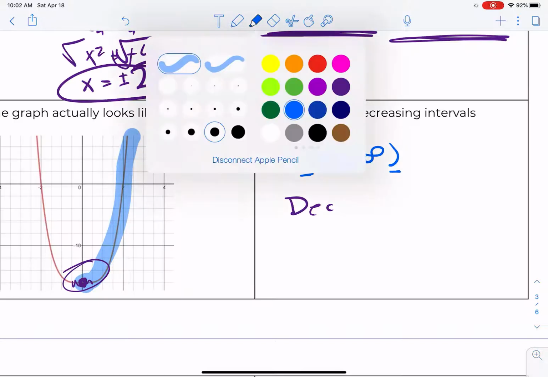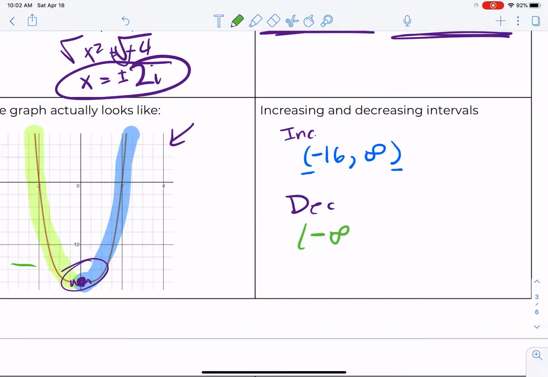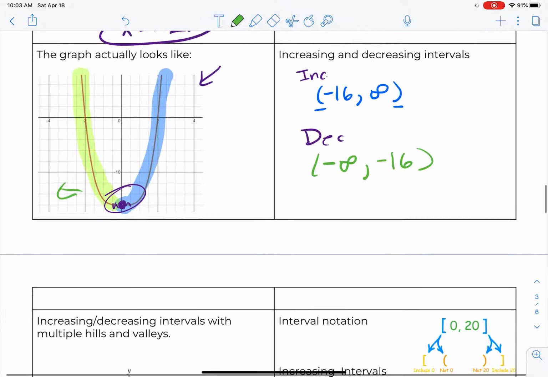Well, if it's increasing on the right-hand side, then it must be decreasing on the left-hand side right here. So as we go from negative infinity toward that negative 16 point, again, not including those values because that point right there is just a sit still point.